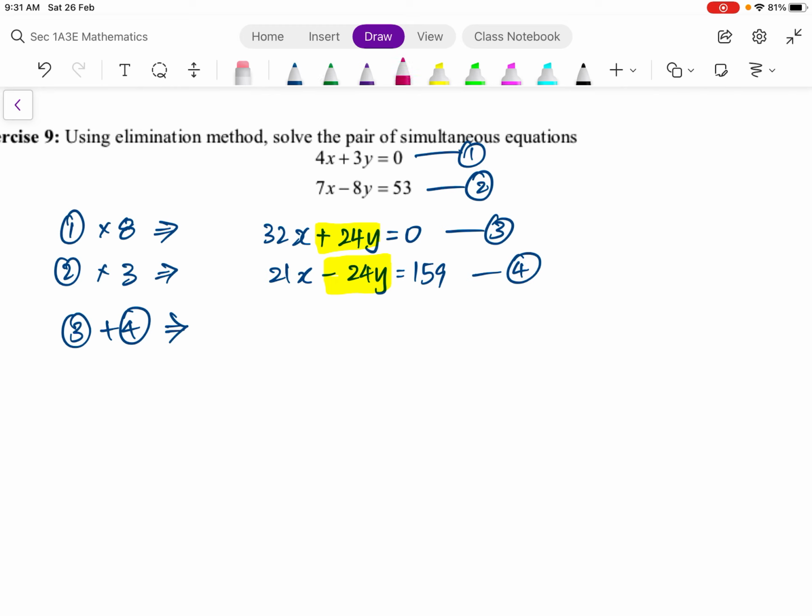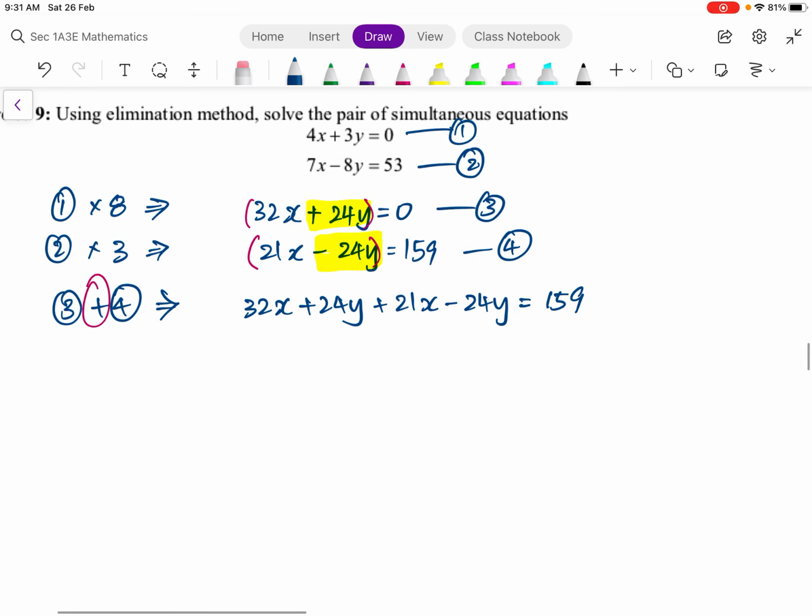So let's begin with the left hand side of equation number 3. 32x plus 24y. So carry on with the addition. So plus the left hand side of equation number 4. So since we're adding, there is no need to write the brackets because it doesn't affect any of the signs. So we have 21x minus 24y. On the right hand side, simply 159.